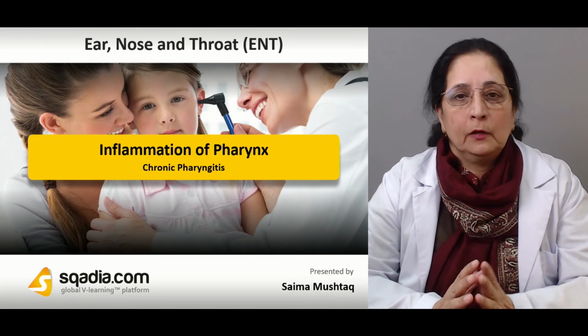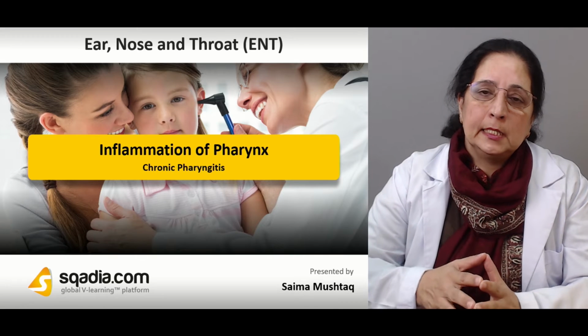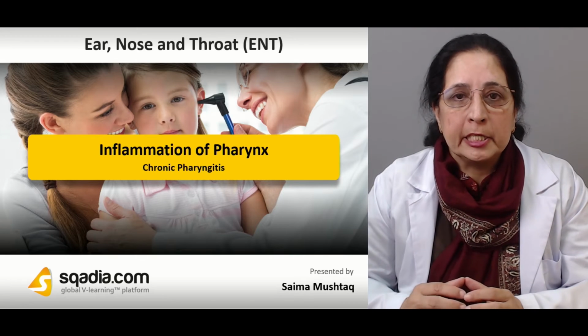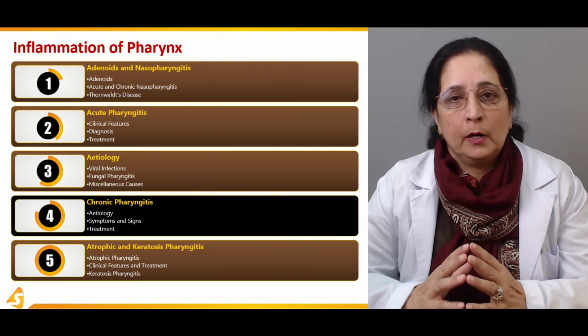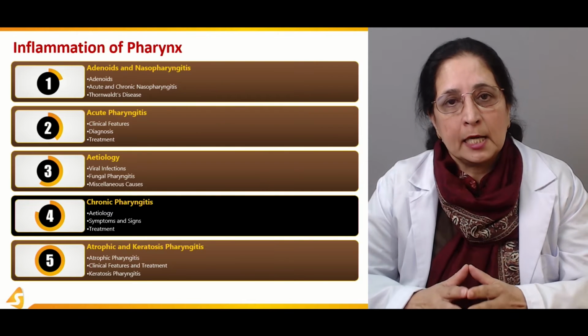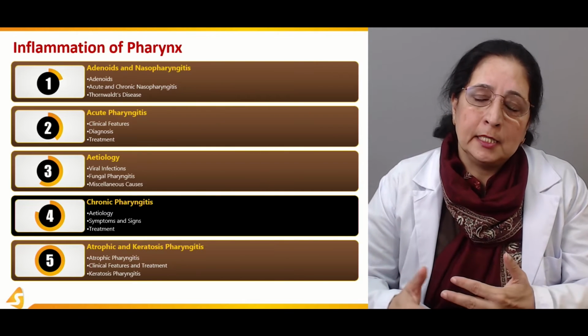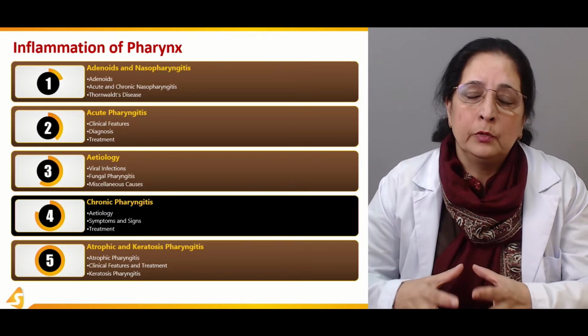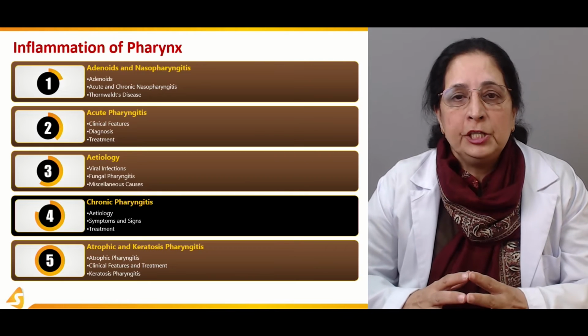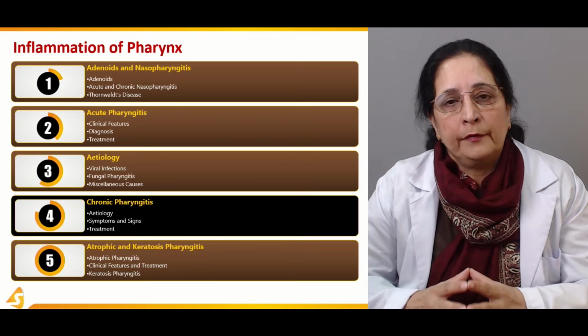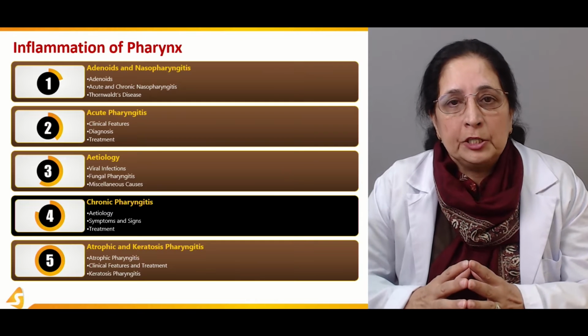In this section of our lecture, we will discuss chronic pharyngitis. We talked so far about acute pharyngitis, how the patient with acute pharyngitis presents, and what the different etiologies or causes of acute pharyngitis are.